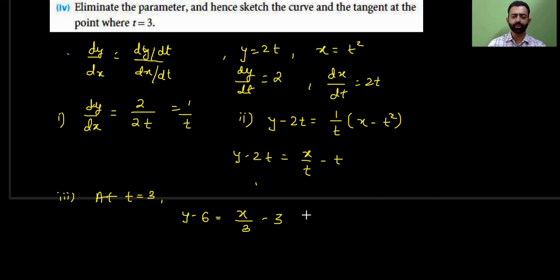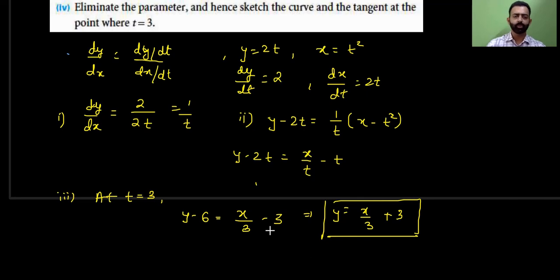Okay, you can reduce this to simpler forms. This is y minus 6, or y is equal to x over 3 plus minus 3 plus 6, which is plus 3. Okay, you can leave the answer here only. So this is the equation of tangent at the point t is equal to 3.